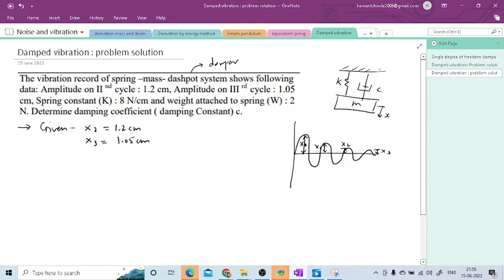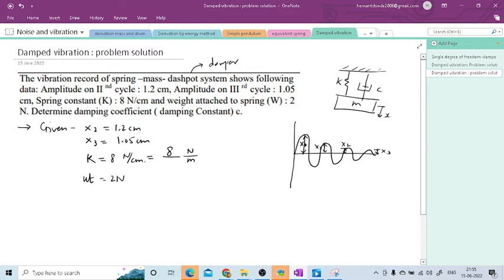Now the spring constant for this system, K, is 8 Newton per centimeter, and the weight attached to the spring is 2 Newton. Now I'll make some changes in the given as per the requirement. See, they have given the value of K in centimeter, so convert it into meter.